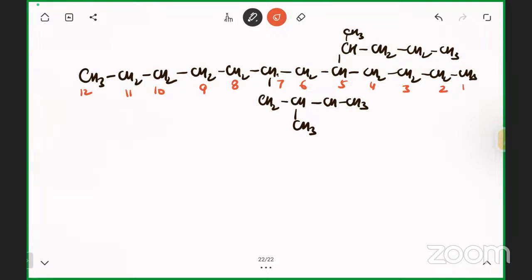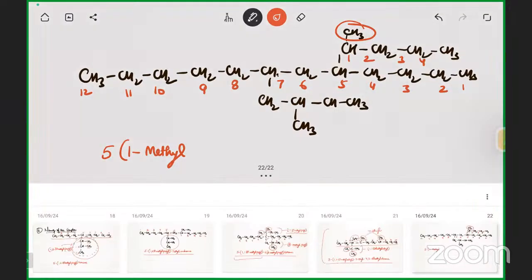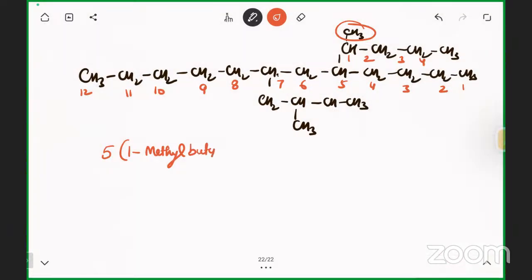Okay, 7, 2-methyl. First, I think you have to go for the fifth one. 5-1 methyl. Okay, I'm writing 5, 1, methyl. Then close the brackets, if we don't have the main chain. 1, 2, 3, 4. You have mentioned one methyl, butyl also.